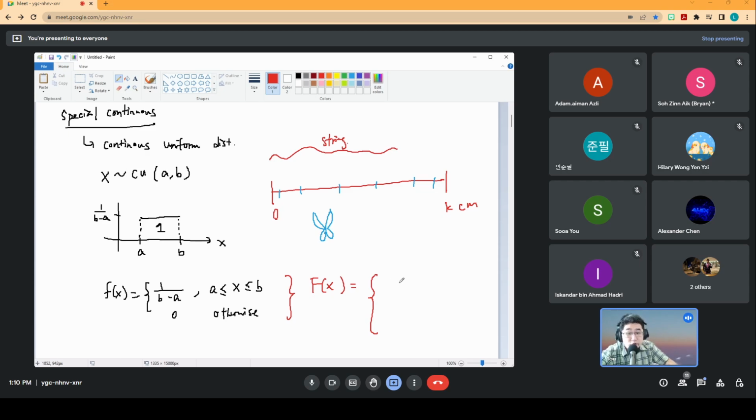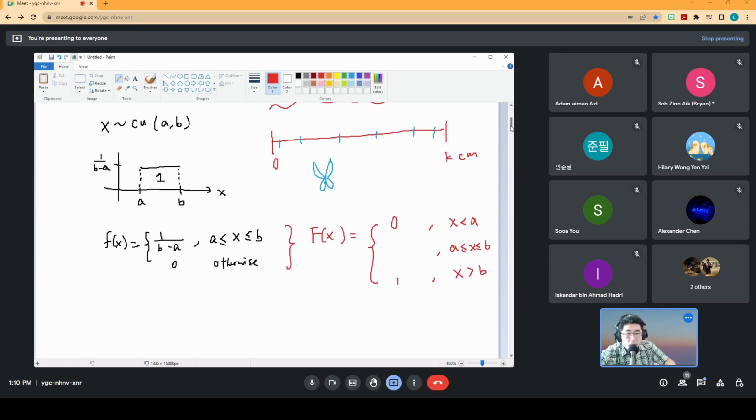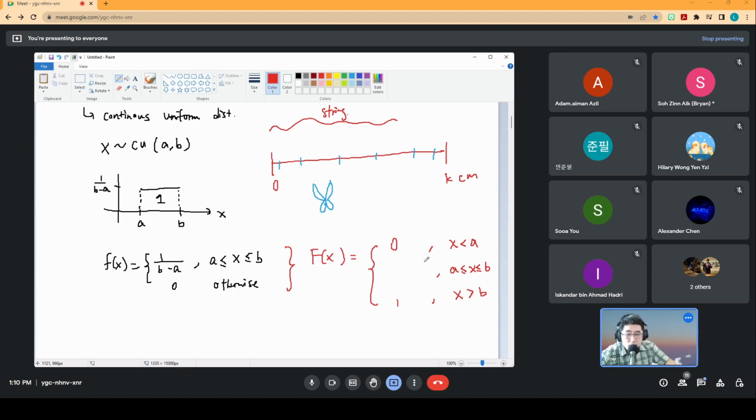That one is differentiated, but you haven't substituted the value in. The smaller value is a. So of course we have 0 for x less than a, and 1 for x greater than b. So what we need to identify is what we have in between. It will be x minus a over b minus a.